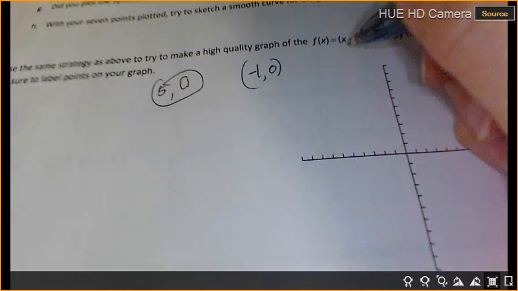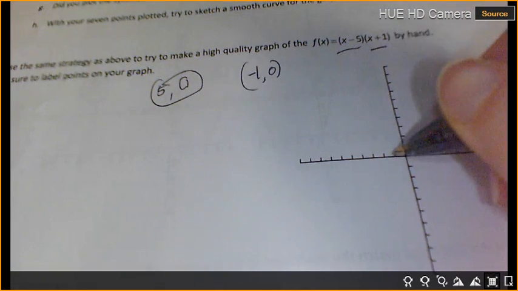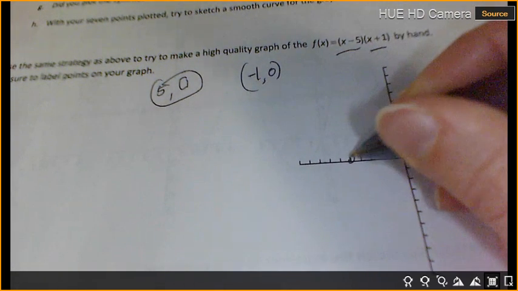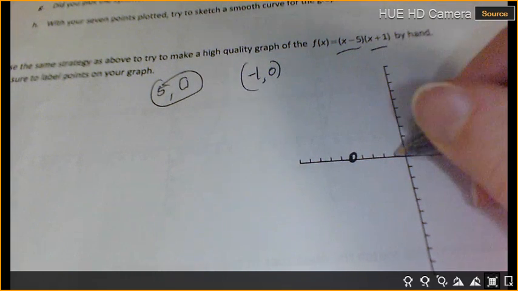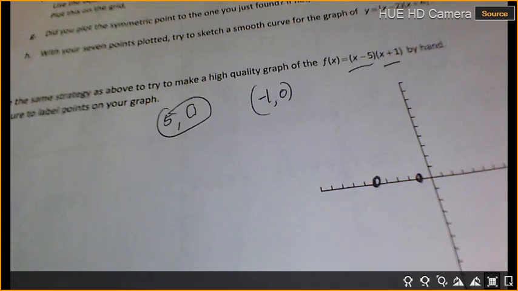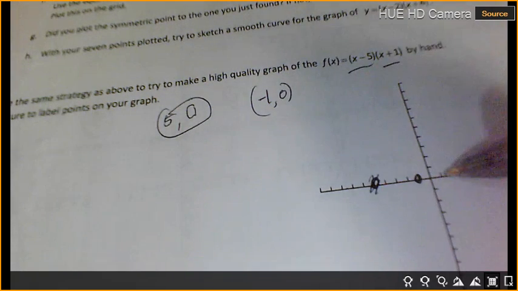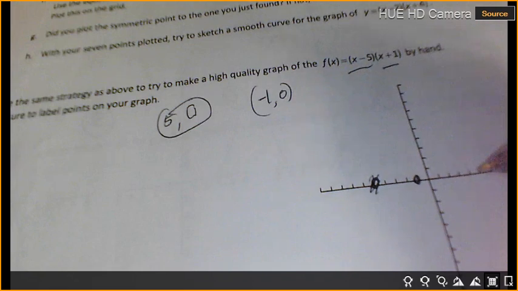Because it's the opposite of these, right? Everybody with me? Okay, so I'm going to go 1, 2, 3, 4, 5, and negative 1. Oops, it's 5, negative 1. 1, 2, 3, 4, 5. There we go, that's better.